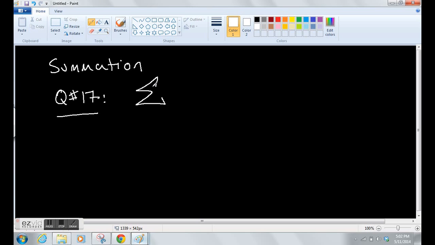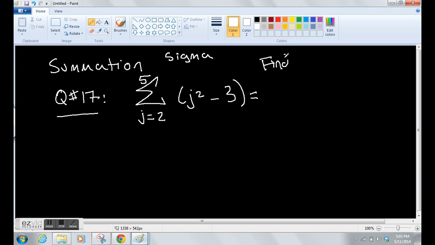Suppose we have this capital, looks like an E, but it's actually a capital sigma. It's a Greek letter, sigma. J goes from 2 to 5, and we have j squared minus 3. So the question asks you to find the value of the sum.